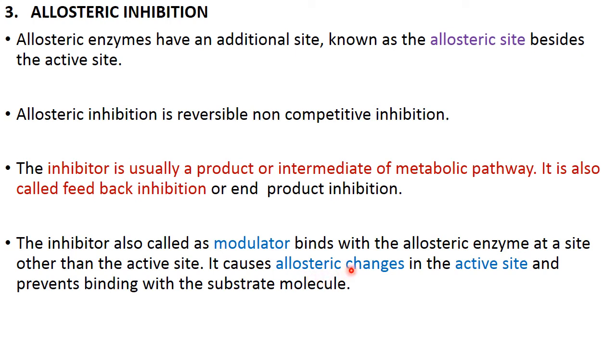It is going to change the conformation of the enzyme, and as a result change the conformation of the active site. So that is going to prevent the binding of the substrate molecule to the enzyme.